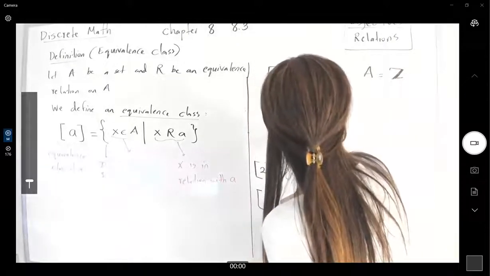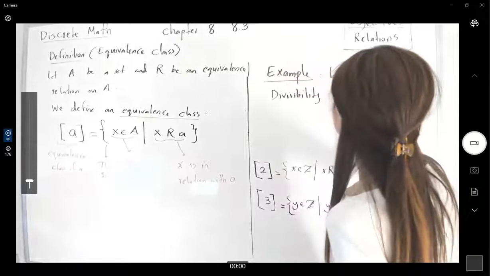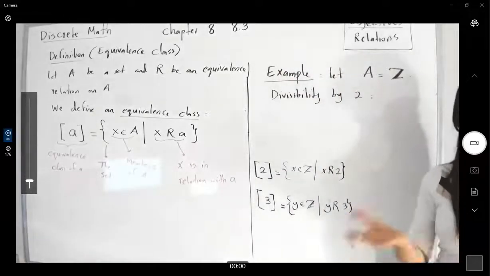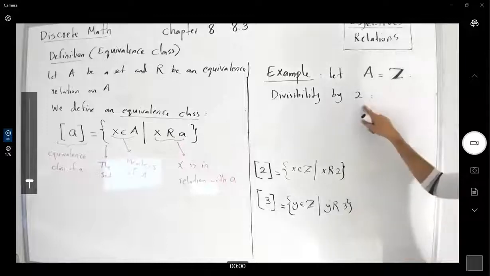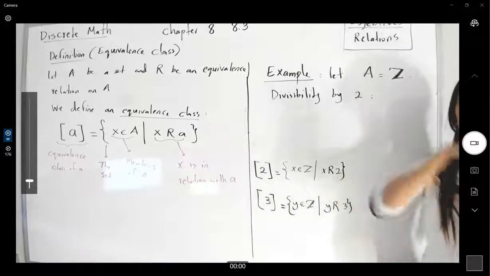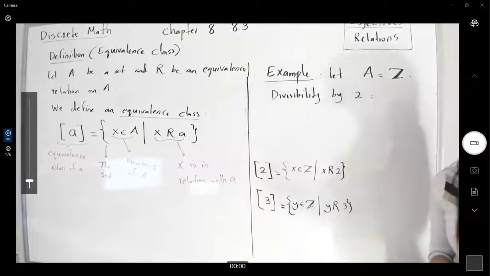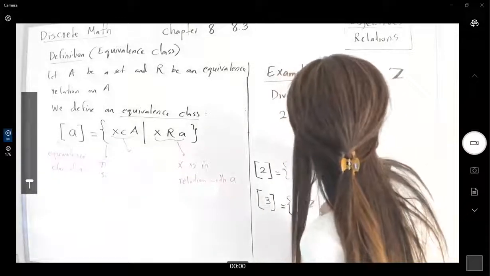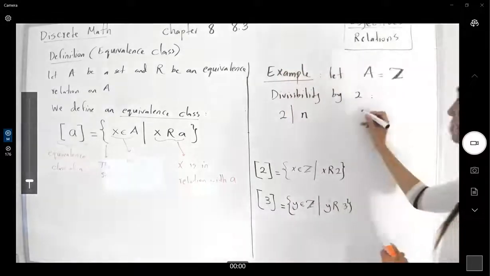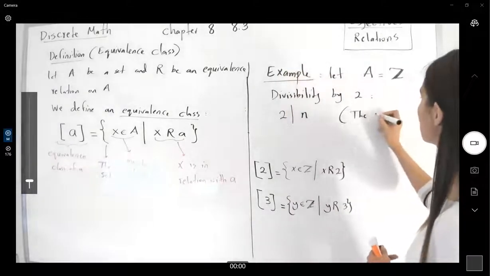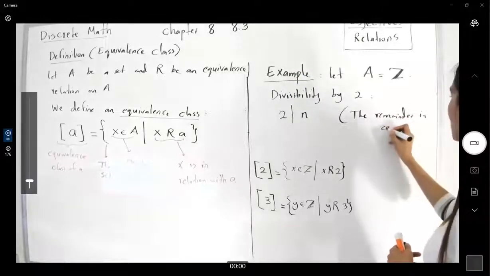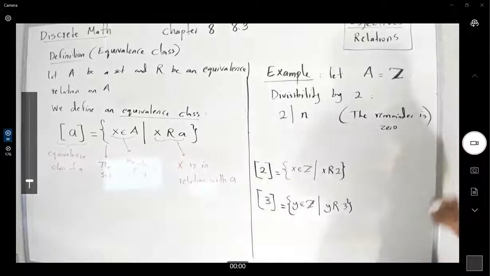Going back to divisibility by 2, what's the meaning of that? It means that if you take any number and you divide it by 2, the remainder is equal to 0. So if 2 divides n, it means that the remainder is 0. Okay, perfect.